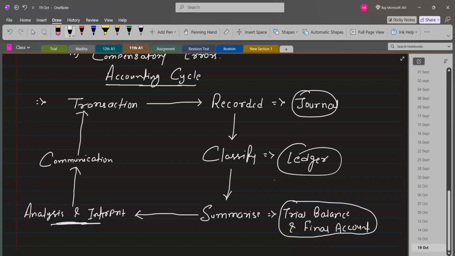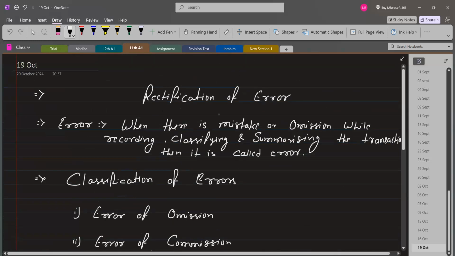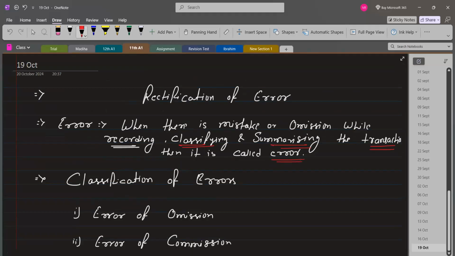And at the time of preparation of trial balance and final accounts, you can make a mistake. That's why I have written: when there is a mistake or omission while recording, classifying, and summarizing the transaction, then it is called error. Understood? Is there any doubt here?